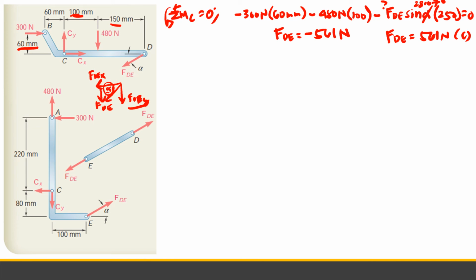So from the steps kanina, pag nahanap mo na yung member, kung opposite siya ng assumption, i-change na natin yung direction niya. So FDE is compression pala siya. Okay, so FDE is in compression. Ayan.